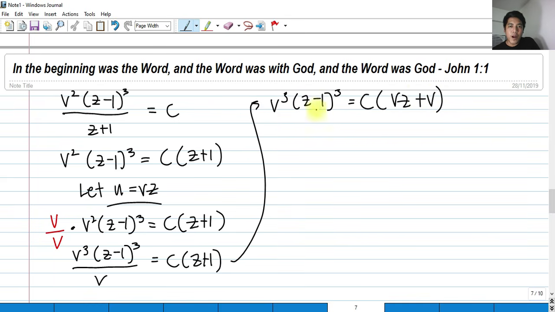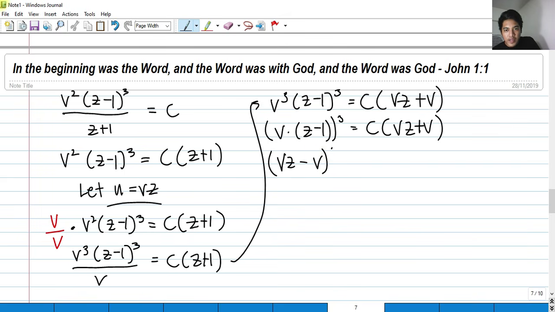By properties of exponent, I can rewrite this as v times z minus 1, raised to 3, is equal to c times vz plus v. Distributing v inside, vz minus v raised to the cube is equal to c times vz plus v.